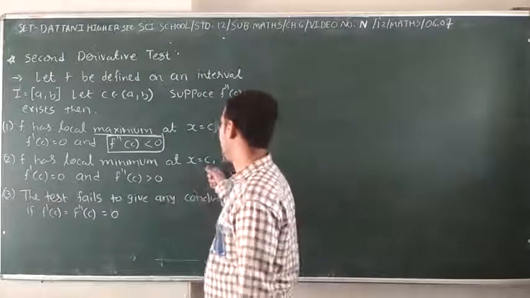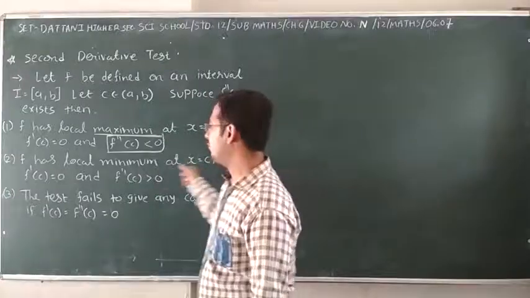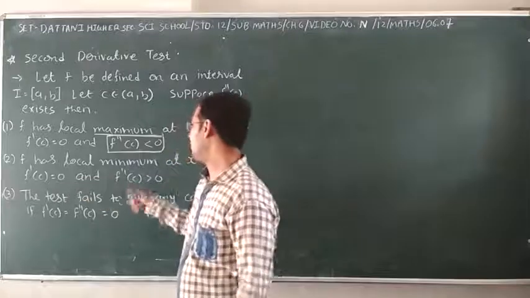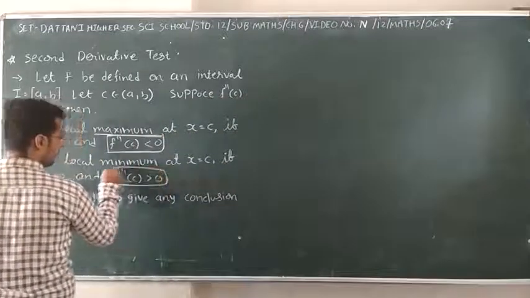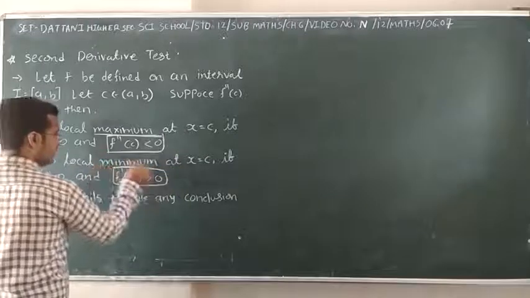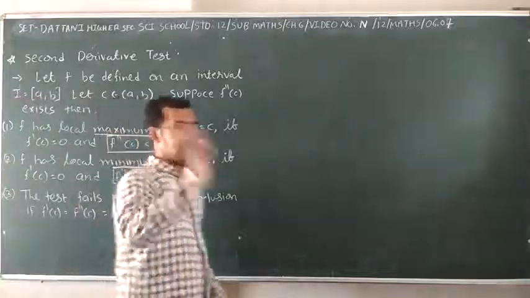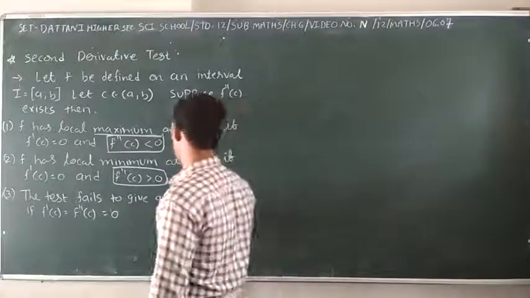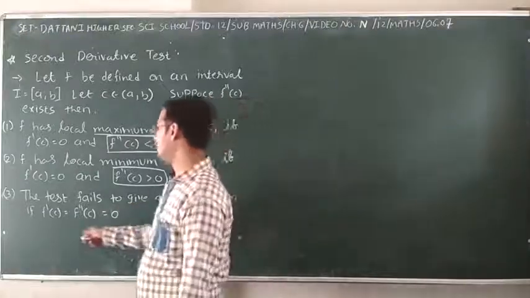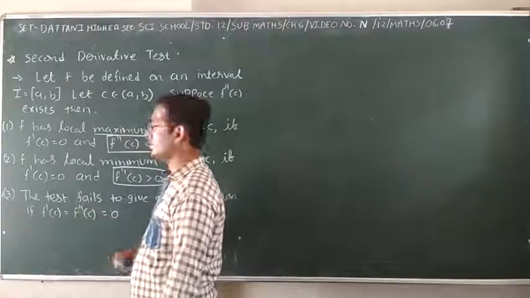f has a local minimum at x equal to c if f dash c is equal to 0 and f double dash c is greater than 0. If minimum, then greater than 0; maximum, less than 0. It's the opposite. Third, the test fails to give any conclusion if f dash c and f double dash c are both equal to 0.